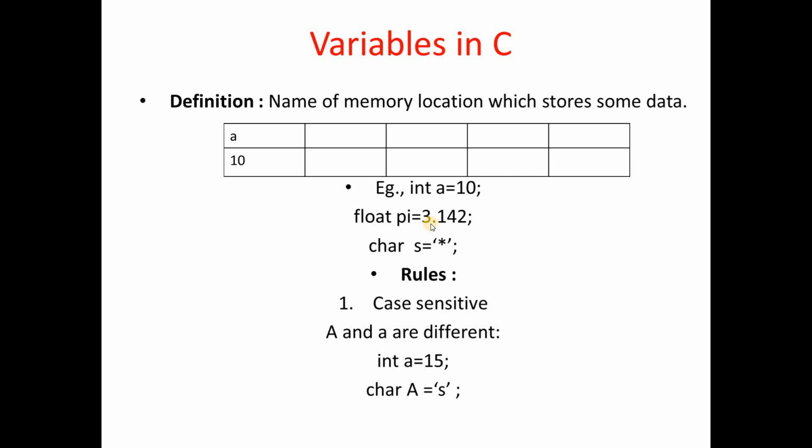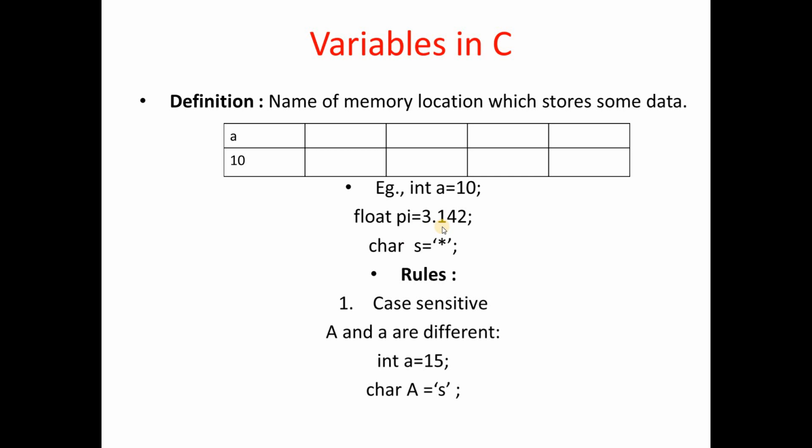If you want to store that decimal value into a memory location, then you have to declare the variable pi with the data type float, and assign the value 3.142 to the variable. And if you want to store some characters, like alphabets or any special symbols such as asterisk, hyphen, and many more special symbols which come under characters, then you declare a variable of char type. So this is the variable declaration.